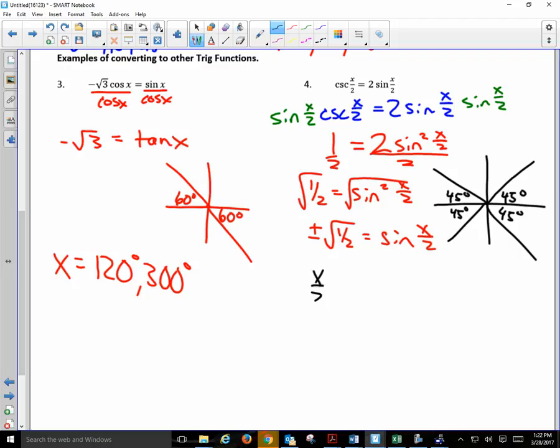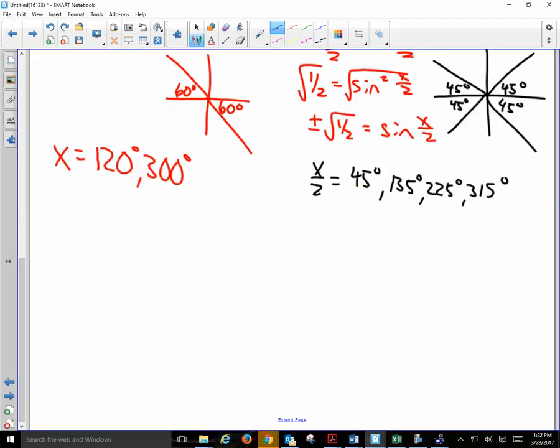X over 2 is left, and that's equal to 45 degrees. It's equal to 135 degrees, 225 degrees, 315 degrees. You have to multiply each one of those by 2.